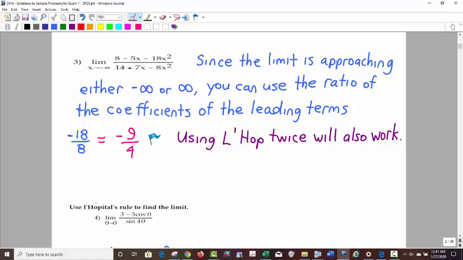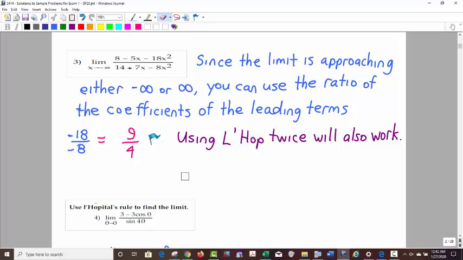Negative 18 over negative 8. Let me fix that. Negative 8, which will then be positive 9/4. Okay, so negative 18 over negative 8, and then I can get rid of the negative here.